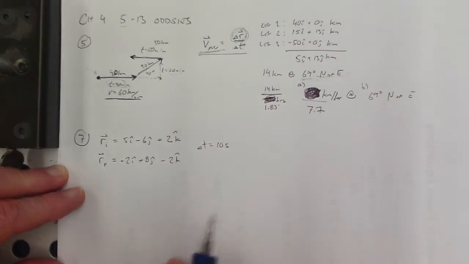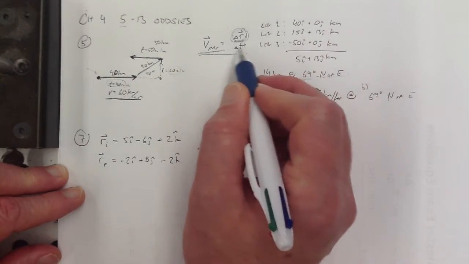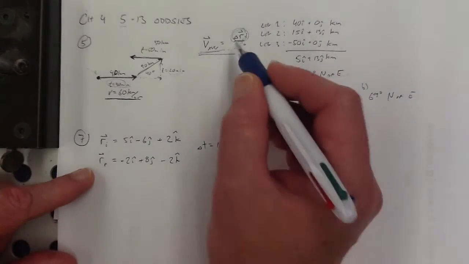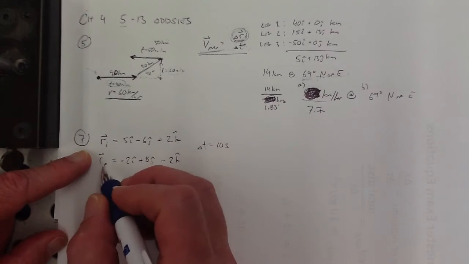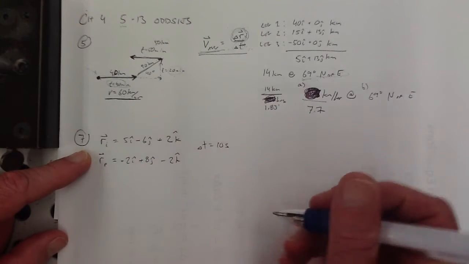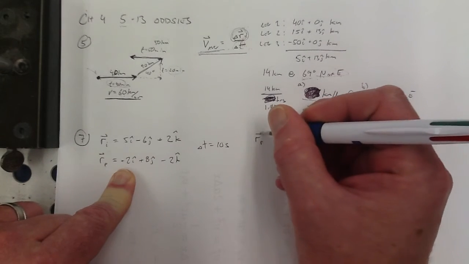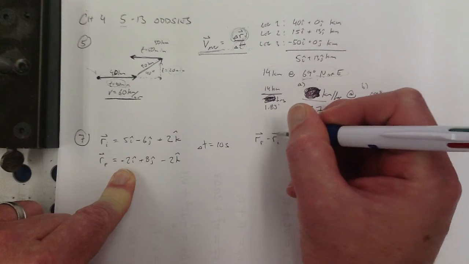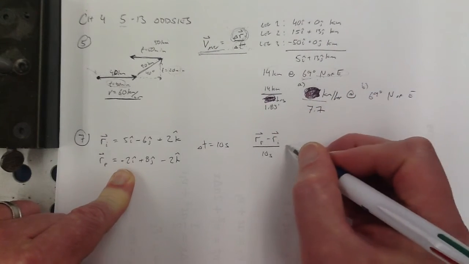That's how you find average velocity, just like feels like doing slope, right? Final minus initial over t2 minus t1, or t final minus t initial. So I need to do this minus this. So r final minus r initial over change in time, which is 10 seconds.